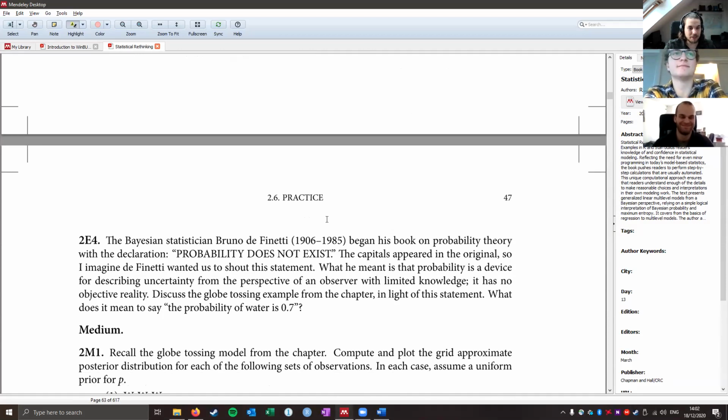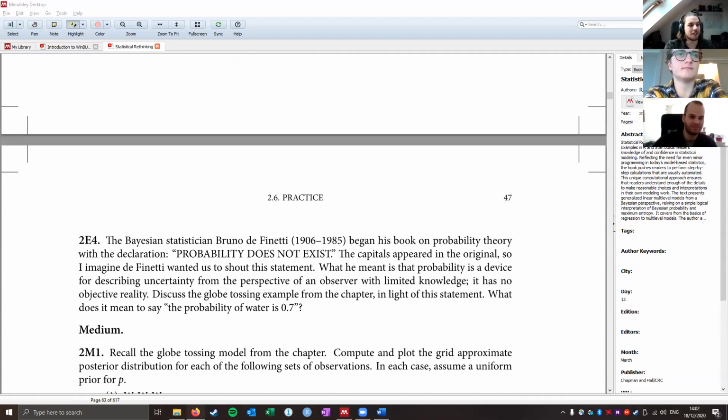Moving on from that, handing back over to you to 2E4, which is a very subjective kind of question, I feel like. It is, yeah. The Bayesian statistician Bruno De Finetti began his book on probability theory with the declaration, PROBABILITY DOES NOT EXIST.